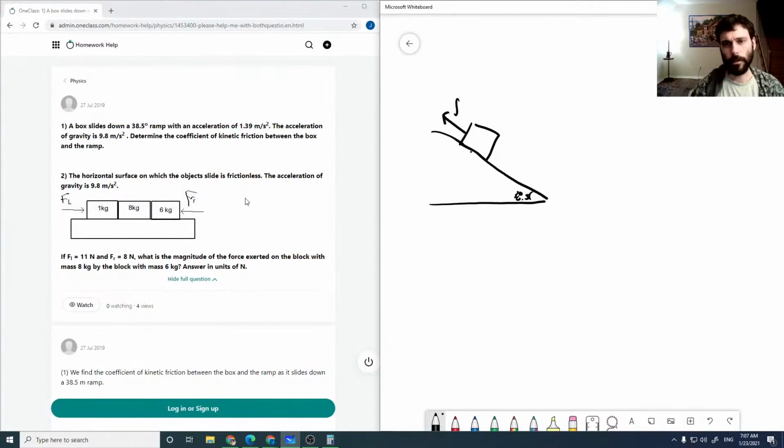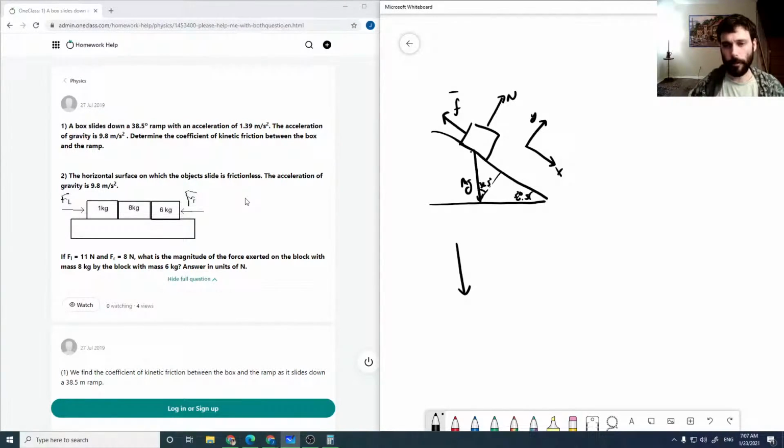So we've got our friction, we've got our normal, and we've got our mg. For this question, it's going to be easier to just define my x direction as down the ramp and my y direction as up this way. If we draw our perpendicular, then this here is our 38.5 degrees.